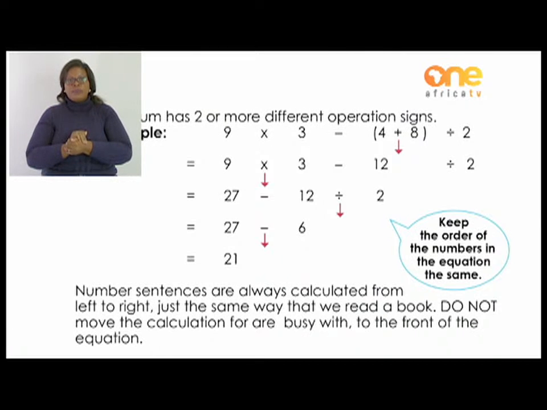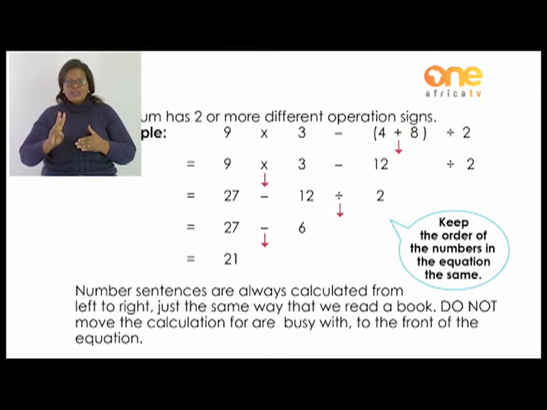So 27 minus 12 divided by 2. We continue, still according to BODMAS, so the next operation will be division. I rewrite everything that I have there: 27 minus, and the answer to 12 divided by 2 is 6. My last step is when I finalize my operation.